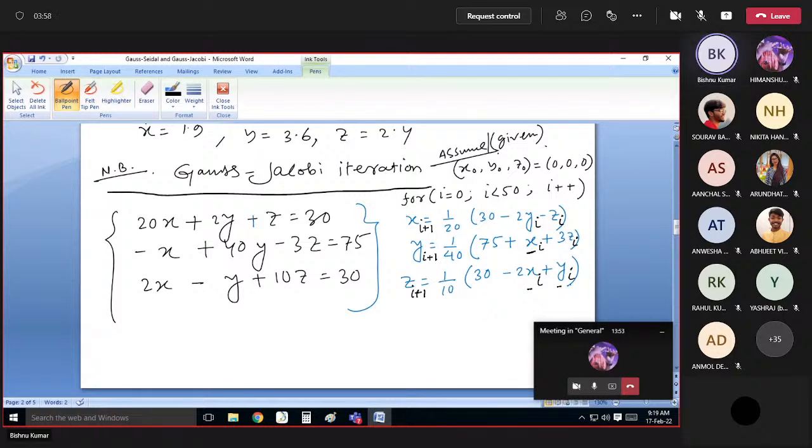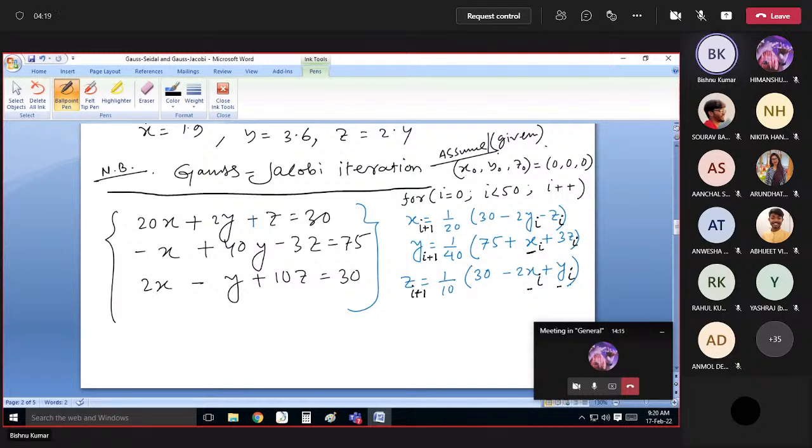Computational time taking, it will take a little less in Gauss-Seidel iteration, because its rate of accuracy to get the result is a little higher. Because whatever updated value you are getting in that method, that value you are immediately using in the next calculation, that may be within the iteration, that doesn't matter.